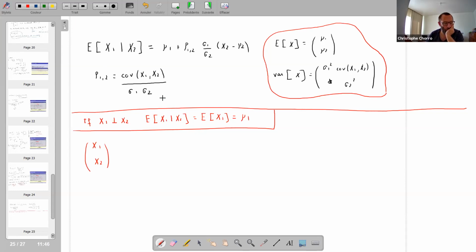So here, the idea will be to build a vector of this form here, y1, x2, where y1 is built this way. So excuse me, I will do the job this way so I can erase.